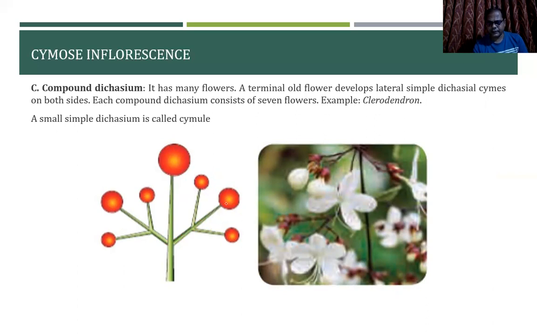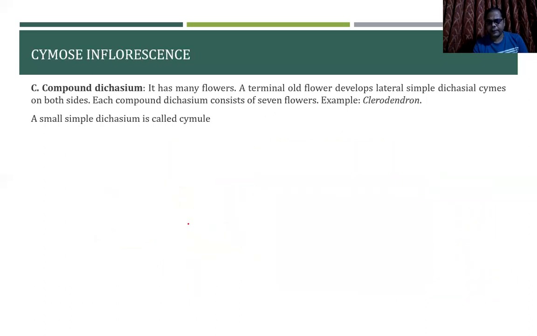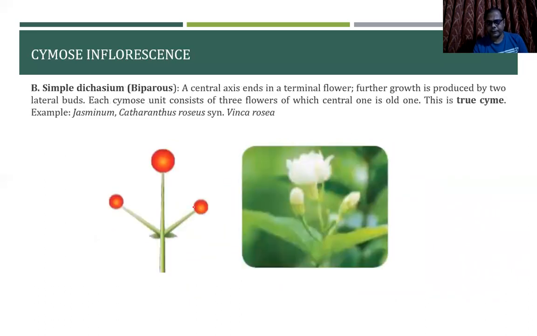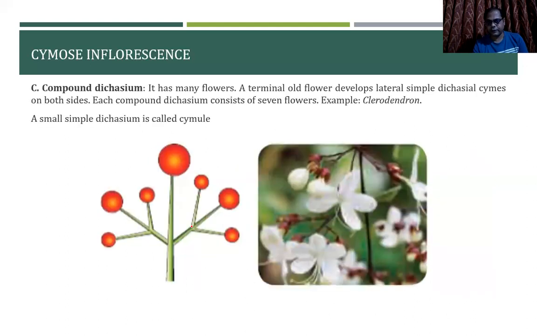Now this is terminating. So what happened here in case of the simple kind is that we have got two flowers. Now in case of compound, these two flowers are terminating into further two flowers. So this is called the compound dichasium kind, seen in case of Clerodendron.